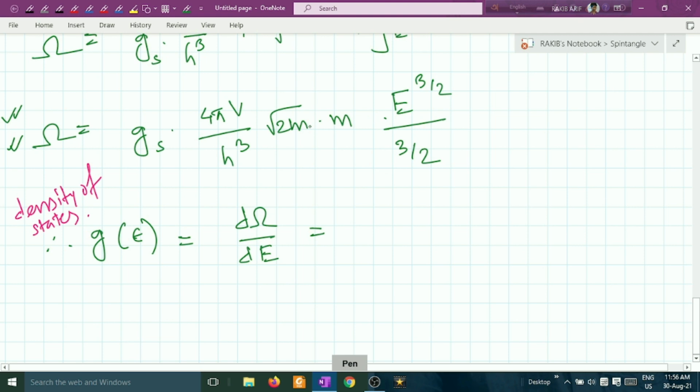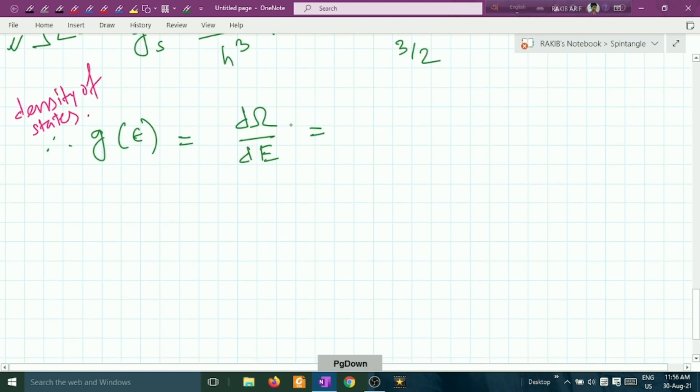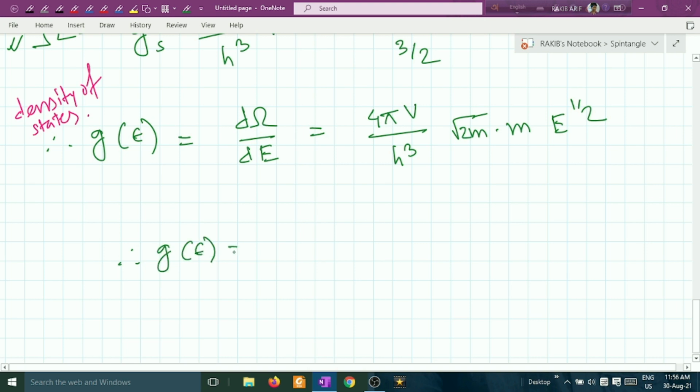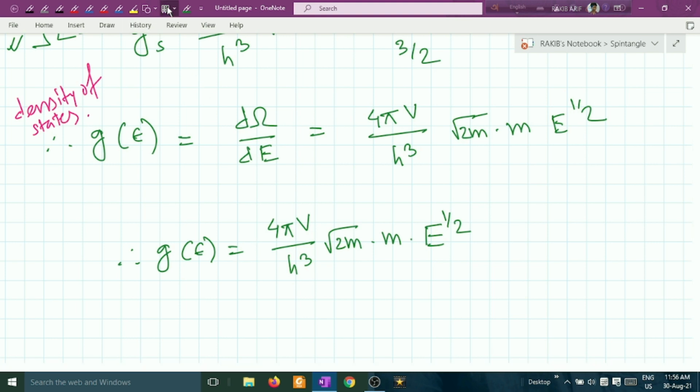It becomes 4 pi V upon h cube, root over 2m times m, E to the power half. This is the density of states. Therefore g(E) equals 4 pi V upon h cube, root over 2m into m, E to the power half. This is the expression for the density of states. Box this.